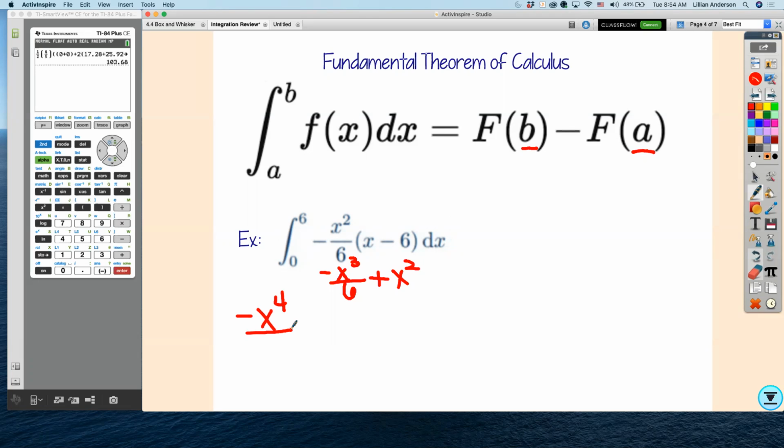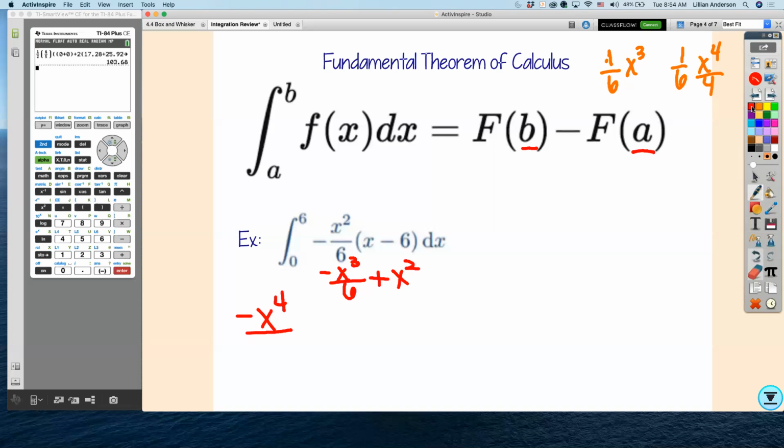What do I do to the 4 and the 6? If I have 1/6 x to the 3rd, and this becomes 1/6 x to the 4th over 4, what do I do to the 6 and the 4? I multiply them.